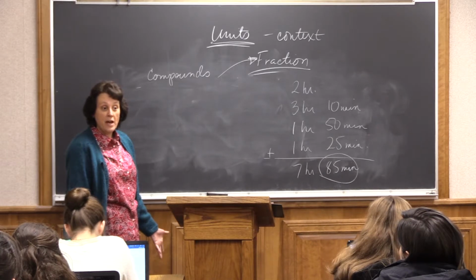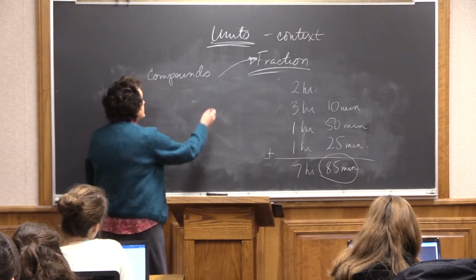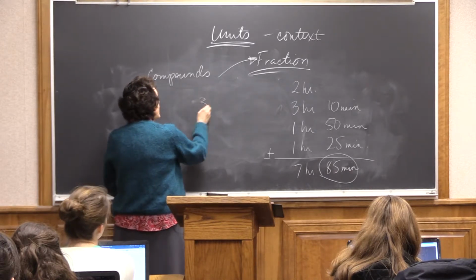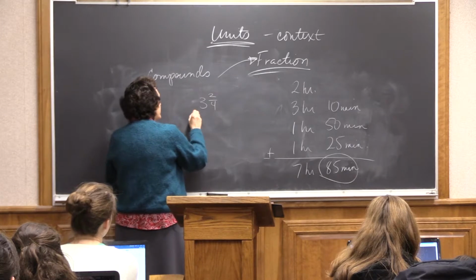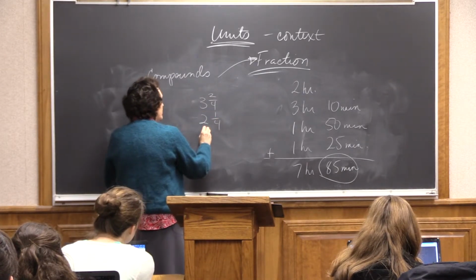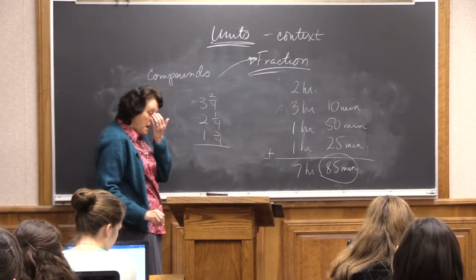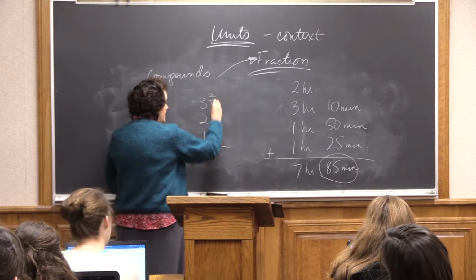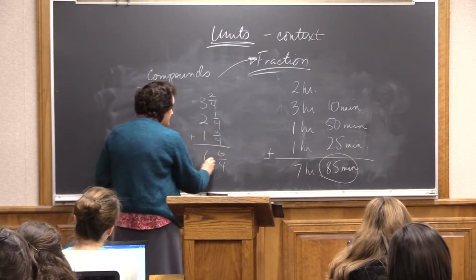Right, a lot of times when you have a sum with fraction addition, what happens sometimes? Let's say I have 3 and 2/4. I'm going to go ahead and give the common denominator, plus 2 and 1/4, plus 1 and 3/4. What happens all the time with fraction addition? I've got 6/4. So I have 6 and 6/4.